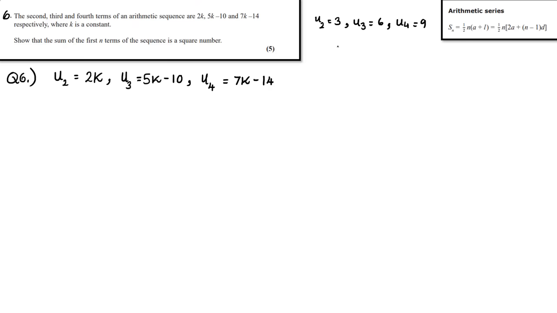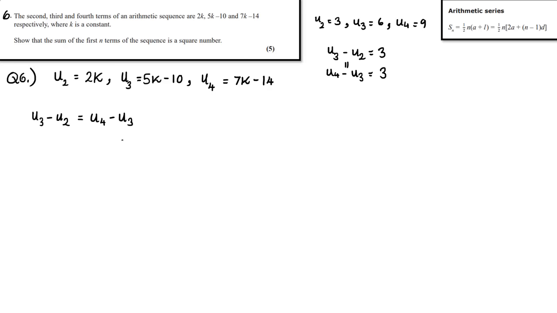And the reason you can see that is because u3 minus u2, so 6 minus 3 gives us 3, that must be equal to u4 minus u3, so 9 minus 6, and again that gives us 3. So in that case these must be equal, and we can say that is true with our algebraic terms here. So u3 minus u2 must be equal to u4 minus u3.